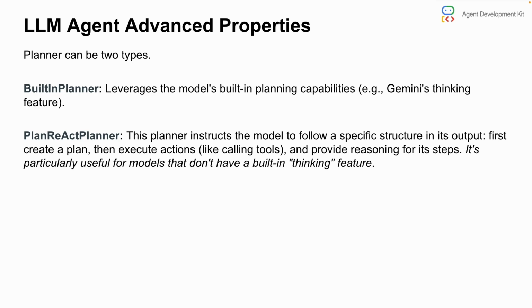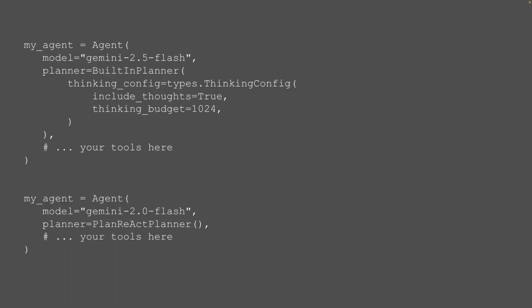It's particularly useful for models that don't have built-in thinking capability. For the built-in planner, we use this kind of format: built-in planner, thinking config, type thinking config, include thoughts true, and thinking budget is 1024, that is, a maximum of 1024 tokens can be used. In the case of the plan-react planner, we can simply invoke it with some additional parameters, and we can anyway use the tools here.